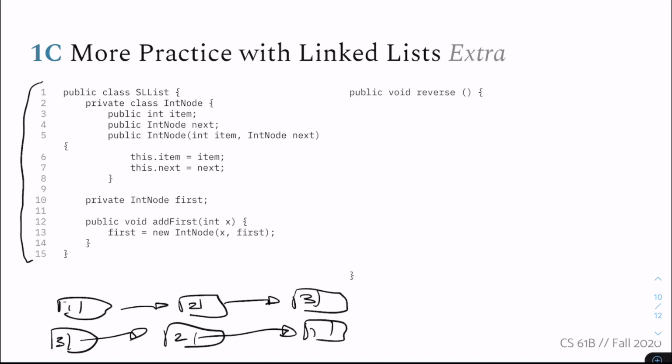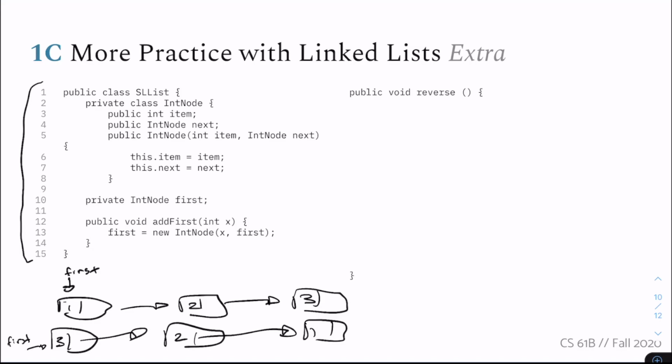Okay, welcome back. Before we start writing any code, let's talk through this conceptually with this picture and figure out what we want to happen at each iteration. So the first thing we're going to do is, we have a pointer here that points to first. And in the end, the goal is to have first pointing toward what was previously the last element, right?